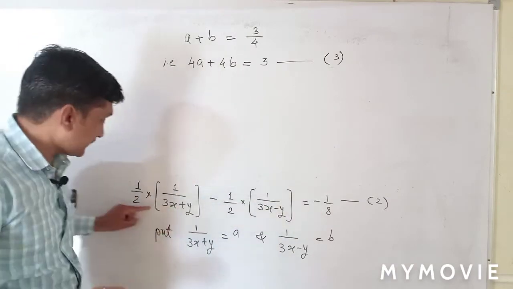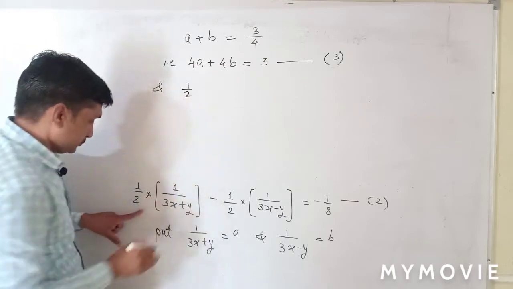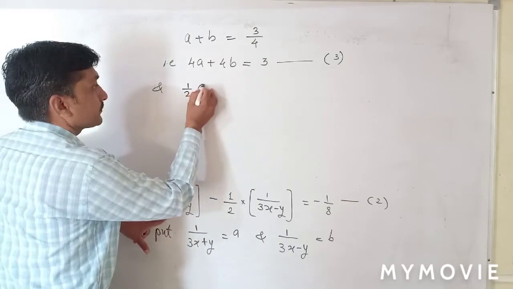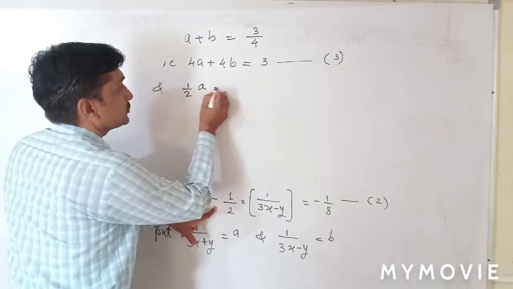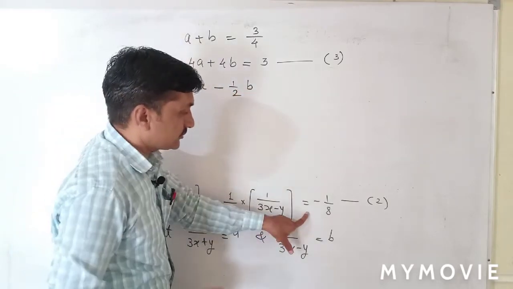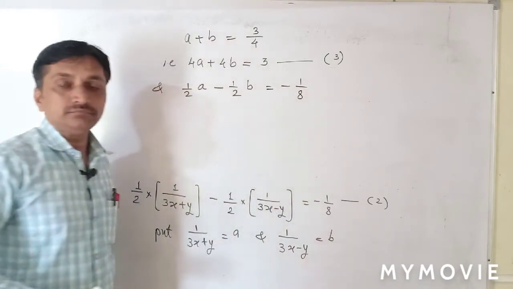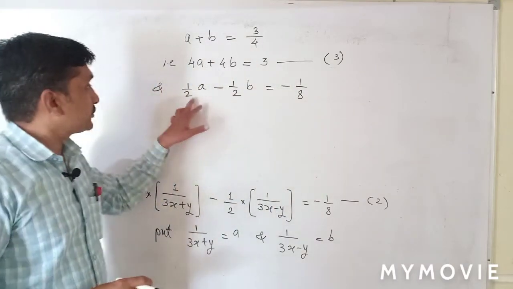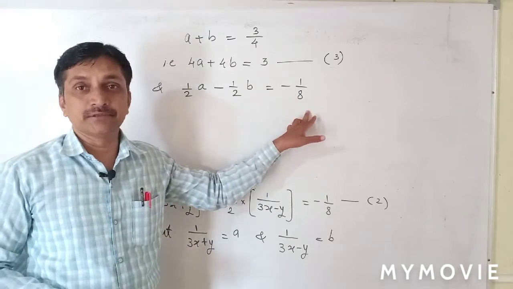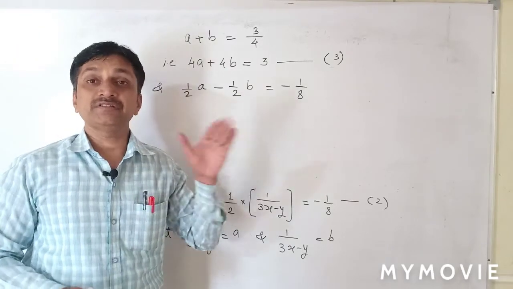In the same way, the second equation: 1 upon 2 a, minus 1 upon 2 b, is equal to minus 1 upon 8. Now dear friends, here also we have to multiply by the LCM. What is the LCM of 2 and 8? LCM is 8.